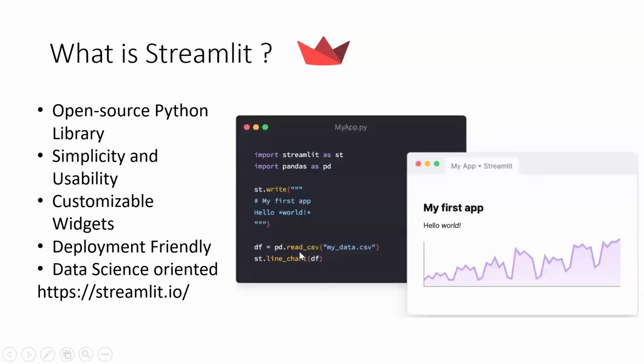All we have done is import this library, and this is st.write, which says my first app hello world, and then I am reading a .csv file from a local machine, and this pd, which is pandas, will read the file, and with just one line, st.line_chart, I can display that data frame on the screen.